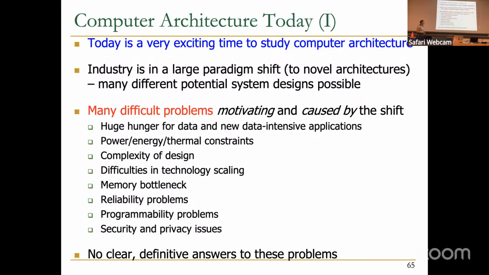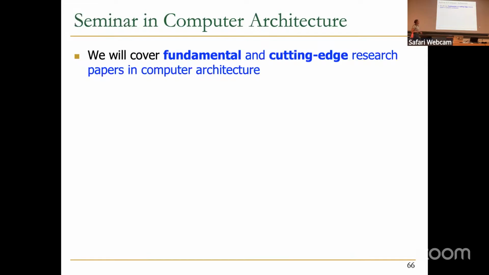So you cannot have definitive answers to these problems, and you have to think how to combine them, how each one can have an adverse impact on the other one. So you have to think synergistically and make trade-offs to make a design choice and create different systems. All these are very exciting and can motivate us to work on computer architecture.